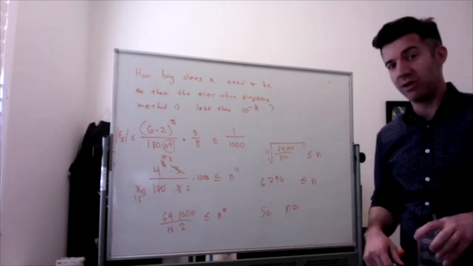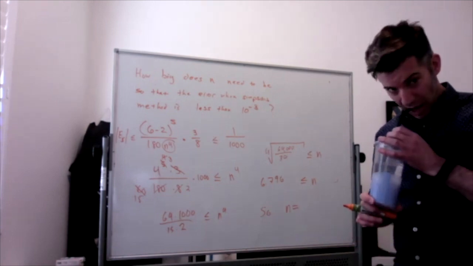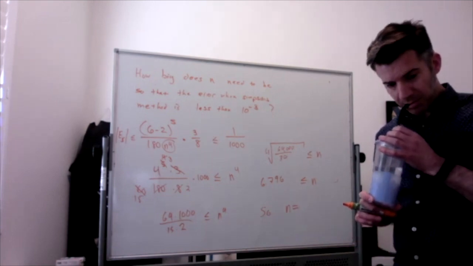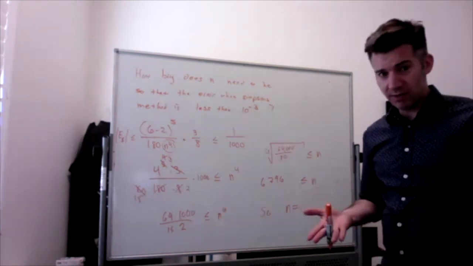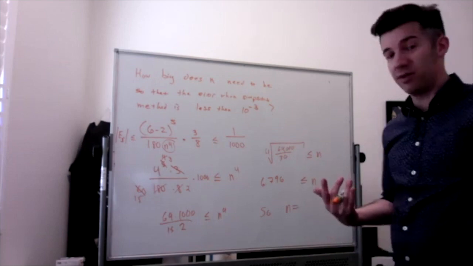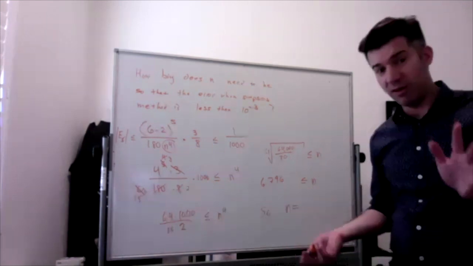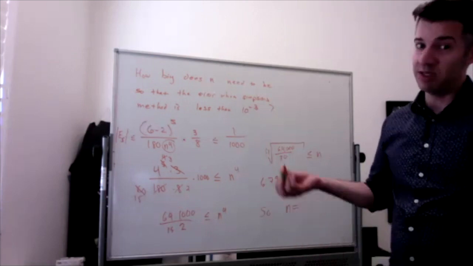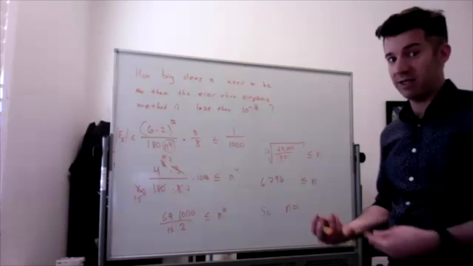I will warn you, it is a slightly tricky question. You might be thinking, we're going to round up to 7 because, well, duh, right? The next biggest number is 7. And that would be incorrect because for Simpson's method, what does n have to be?